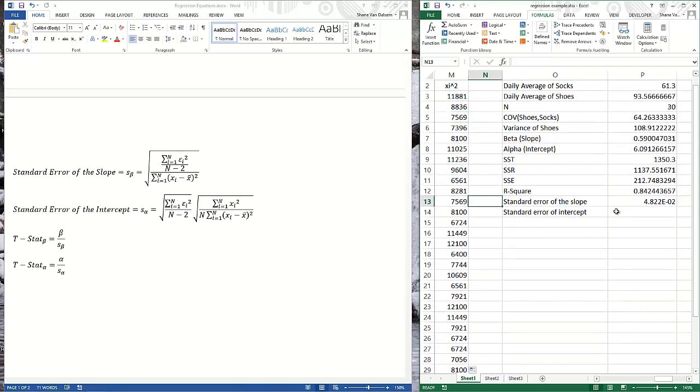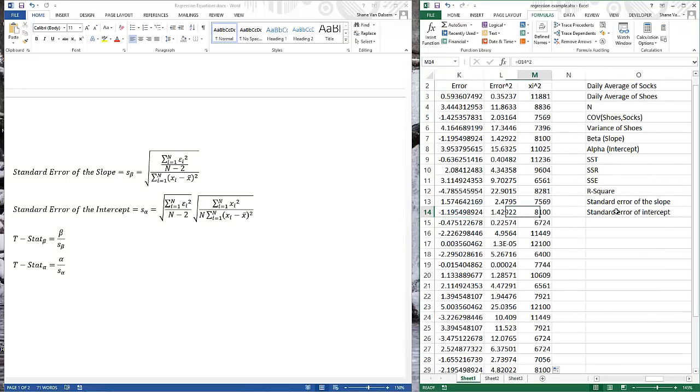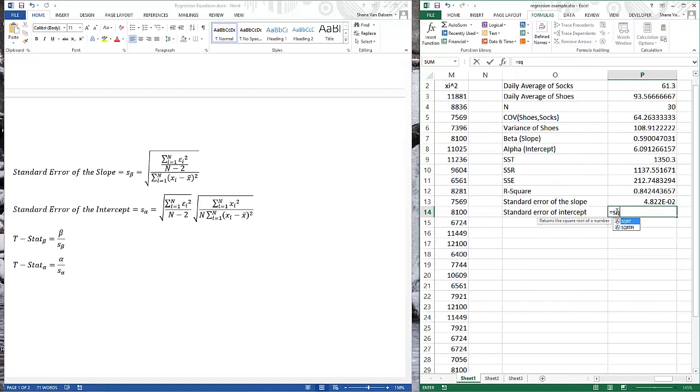Now I can calculate the standard error of my intercept. I start with equals square root, the sum of the squared errors divided by, open parentheses, observations minus 2, then close parentheses, so we get all of that in our square root, multiplied by the square root of the sum of, actually here I want to put two parentheses.